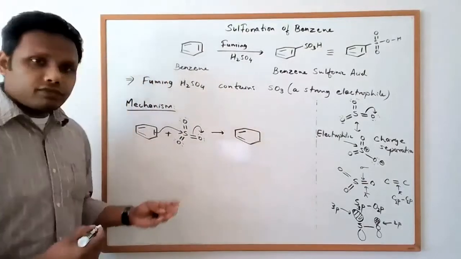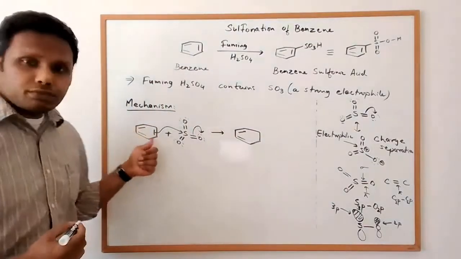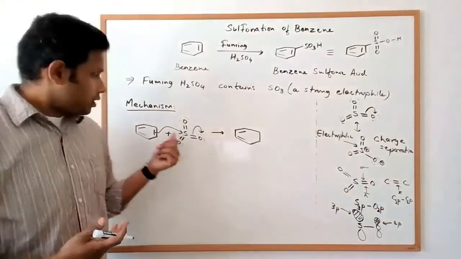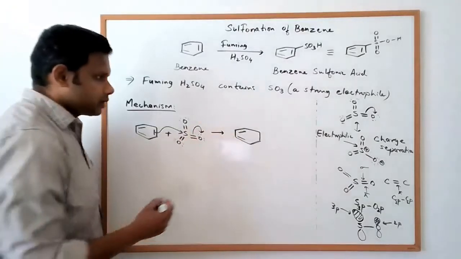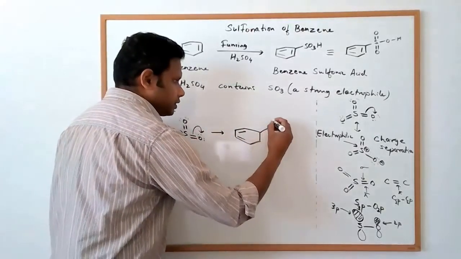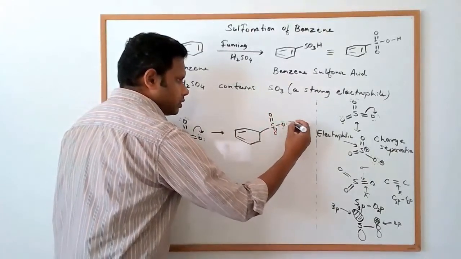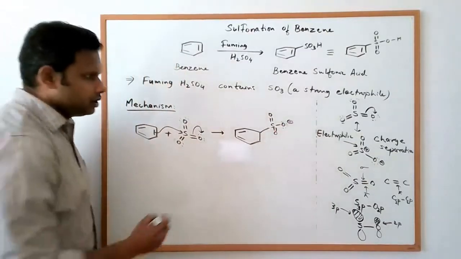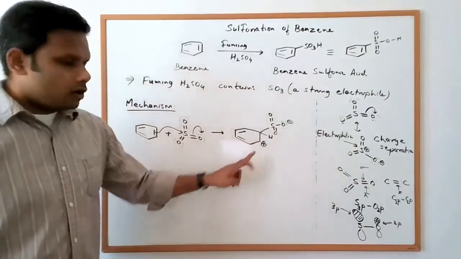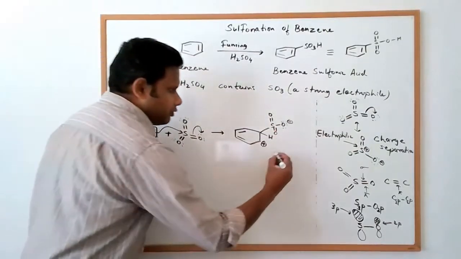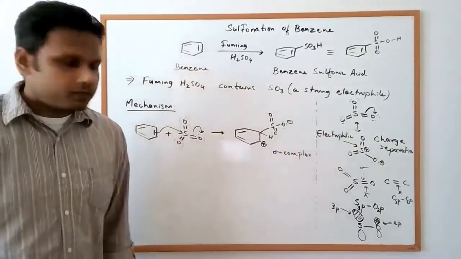And as we've seen before, since benzene is a symmetric molecule, it doesn't matter which pi bond we use. We can use any one of these three bonds to attack the sulfur atom. So we've got the sulfur. Now the sulfur has two double bonded oxygens, and then one oxygen which carries a negative charge. And there is a hydrogen here and a carbocation on the other carbon. So we've made our sigma complex essentially here.